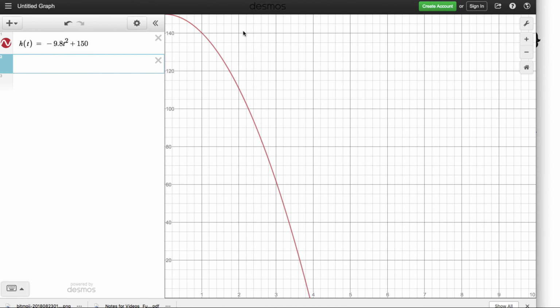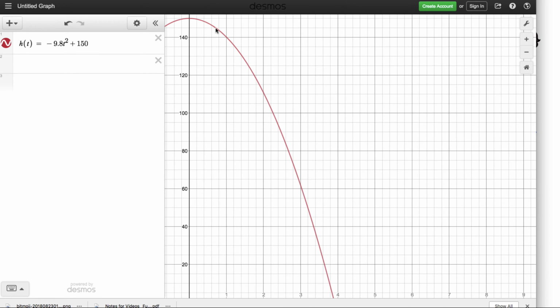There we go. So now you see this models, it's not the picture of the object falling to the ground because it's going to fall straight down. But what we see is that the maximum height is 150, and as the x-axis represents time, as time goes on, we will hit the ground.